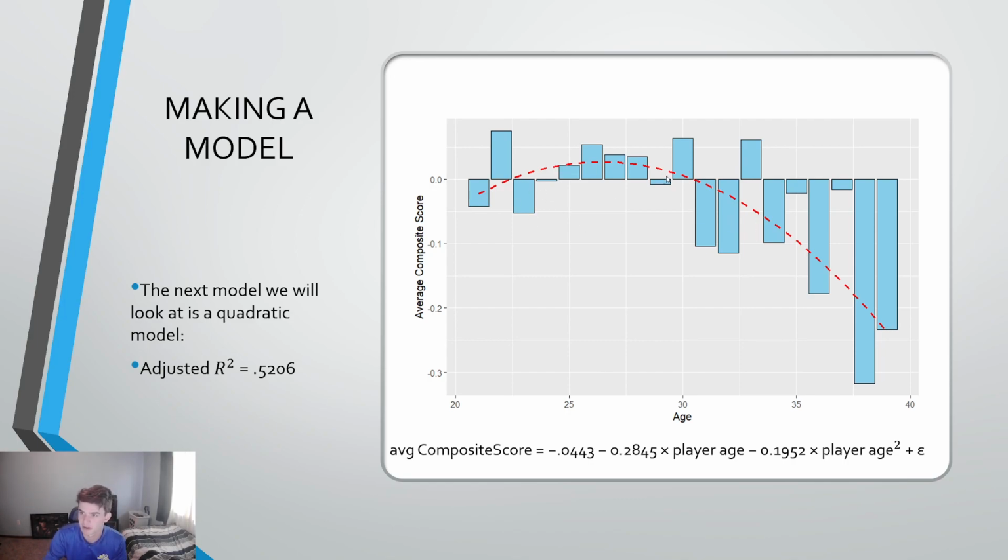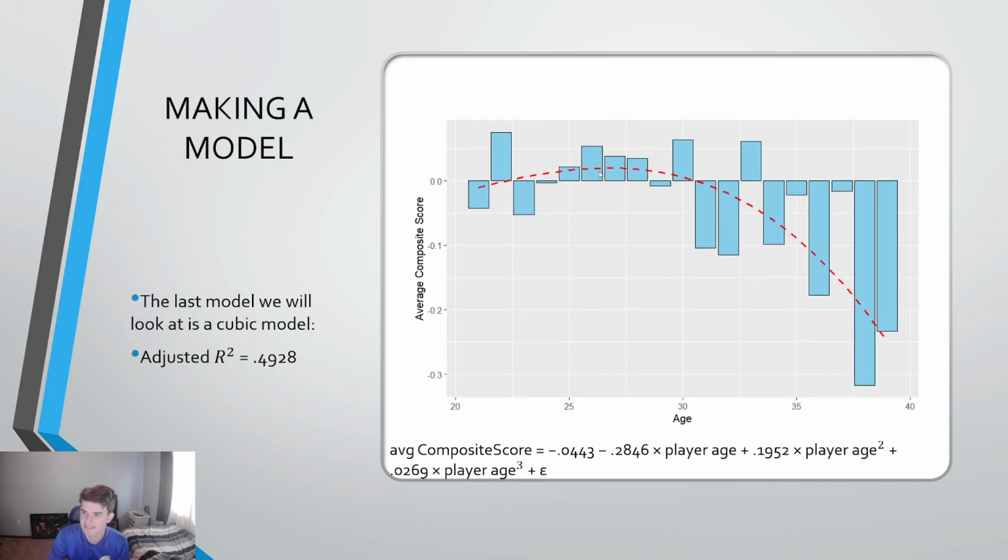But I believe that this model shows us the best picture so far. It shows us that around the ages 26, 27, 28 is your peak. You're doing your best performance there. And then you start to slightly hinder your performance, and then you drop off.